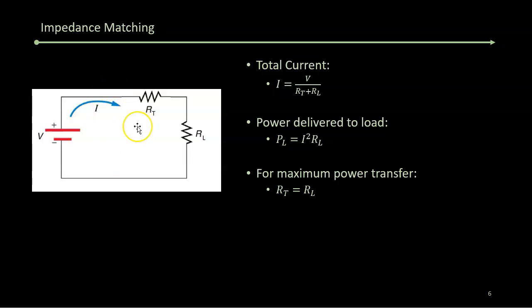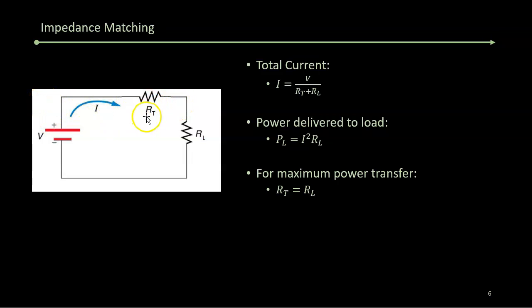At higher frequencies, another way to think about this is, and this is an interesting thing that happens, if these are not matched, then part of the signal gets out here and actually reflects backwards.